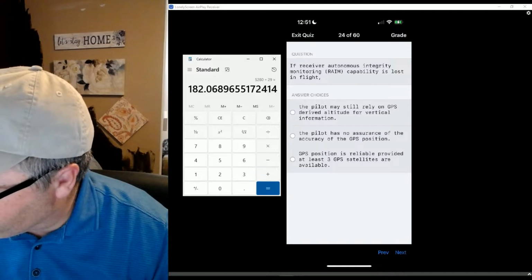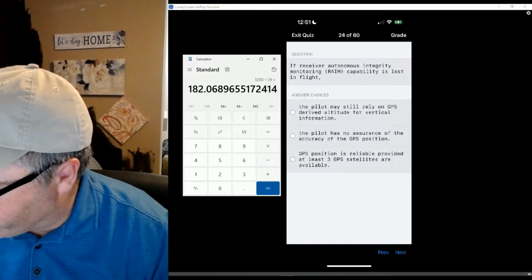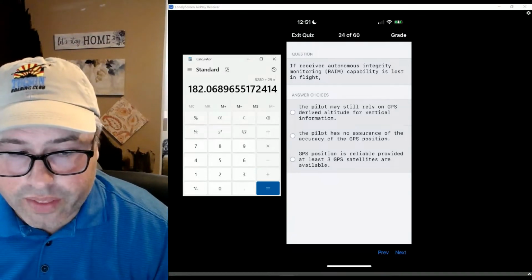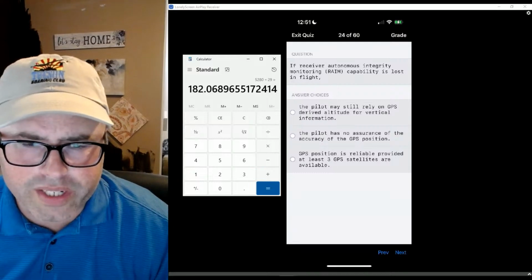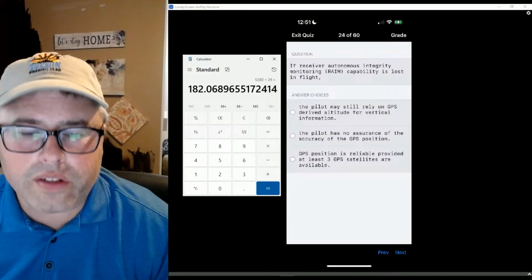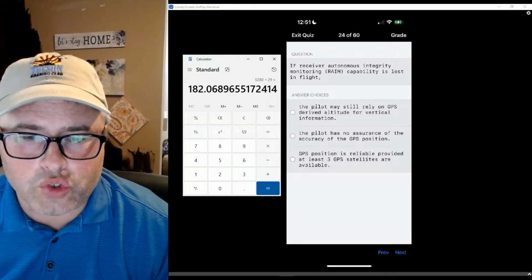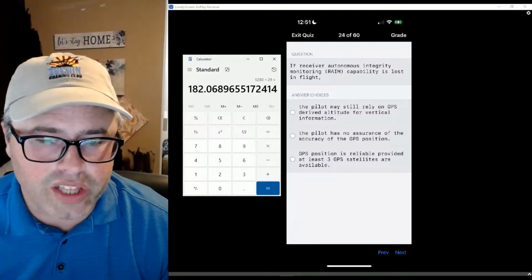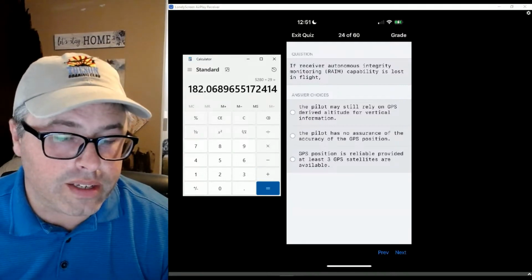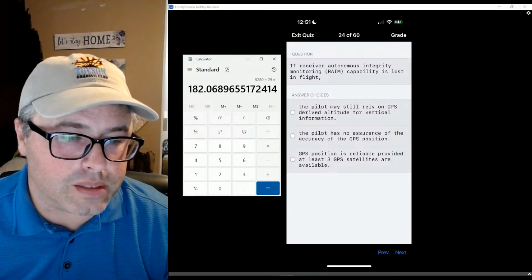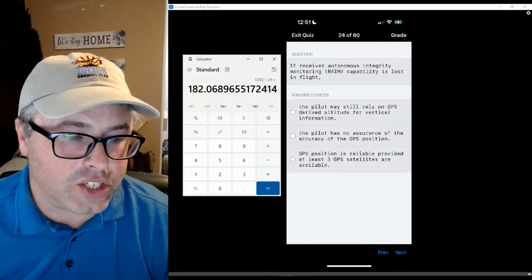If receiver autonomous integrity monitoring, RAIM, capability is lost in flight. So they're just telling you RAIM. What does RAIM even mean? They're trying to confuse you straight up front, but each of the answers there says GPS in it. RAIM is making sure that you have a valid GPS signal.